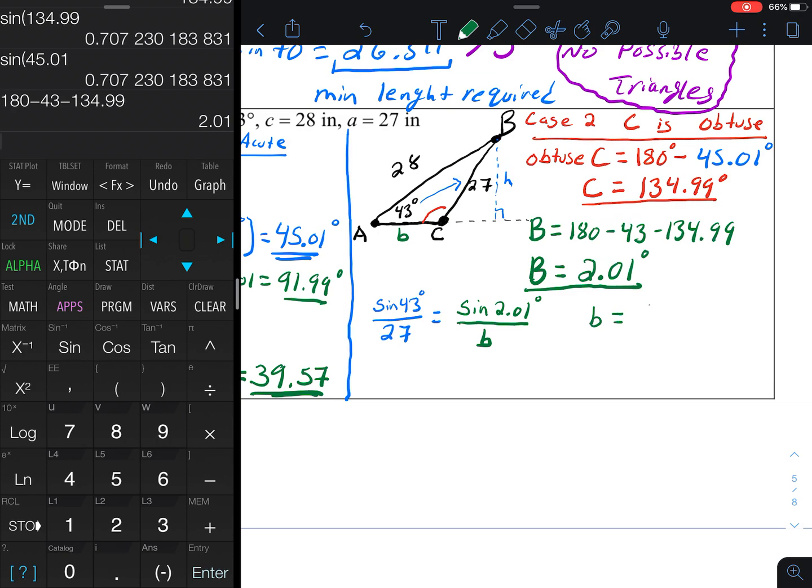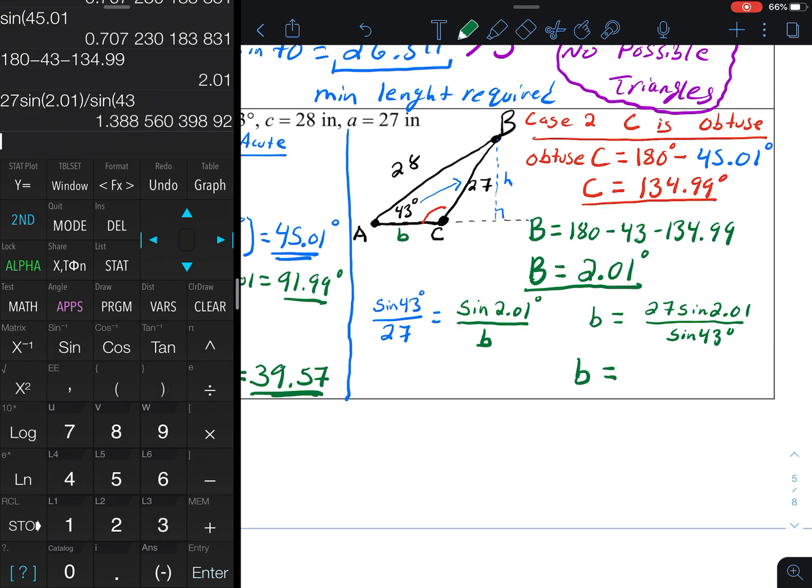So b is equal to 27 sine of 2.01 divided by sine of 43. And that's going to give us what side b is. So I'm expecting it to be pretty tiny. So 27 sine of 2.01 divided by sine of 43. And it's very tiny, 1.39.